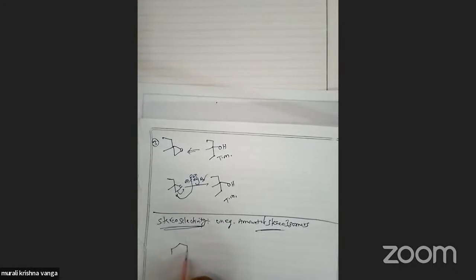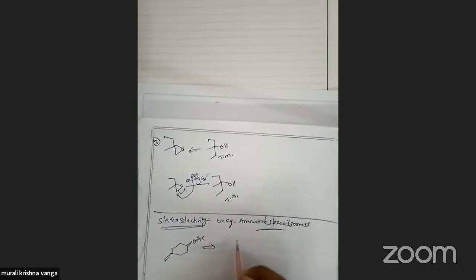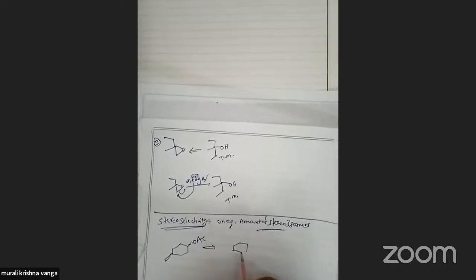Here I am taking this example for discussing stereoselectivity, with OAc and methyl. Okay, when this compound undergoes functional group interconversion, it produces OAc and methyl. Okay, synthesis of this compound.